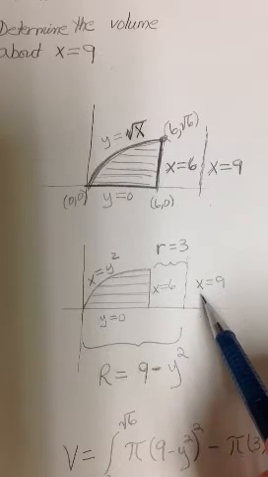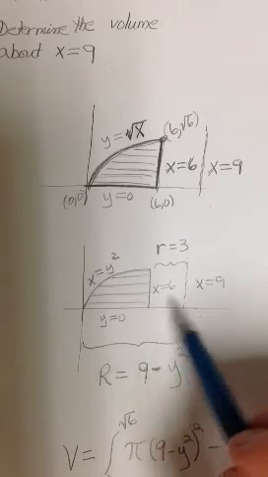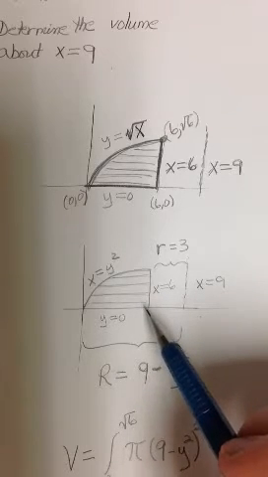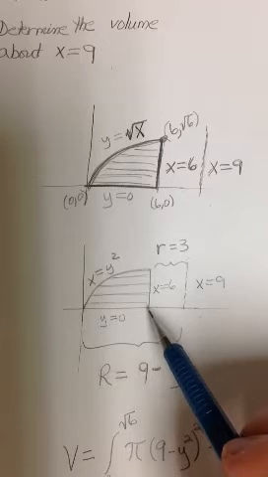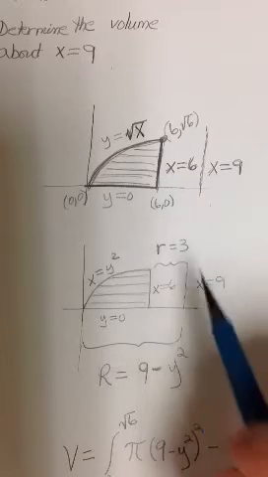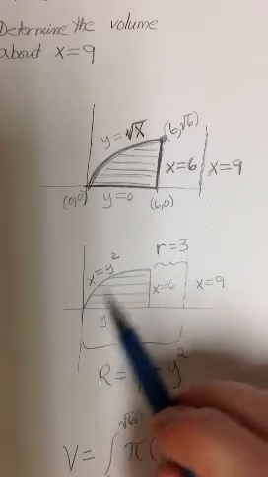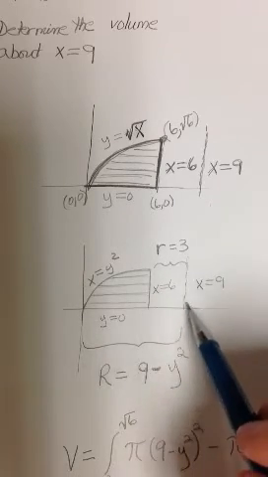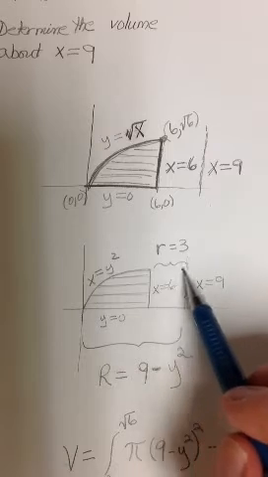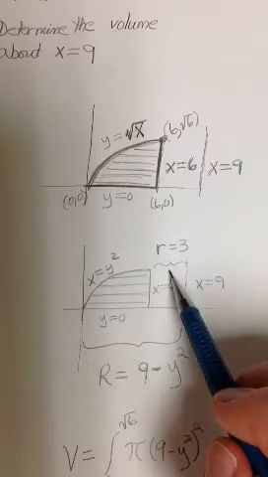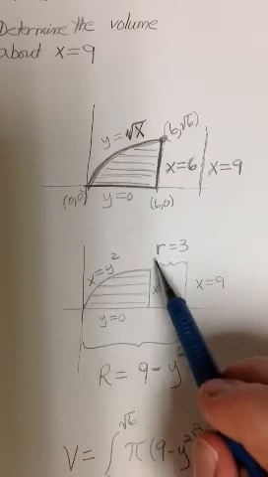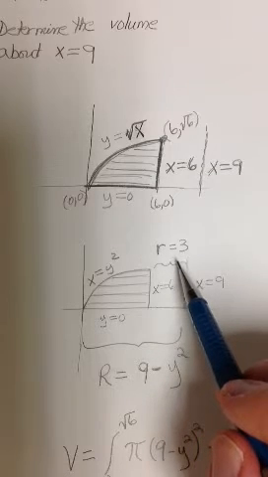And for what we have in the setup, we're going to have an open space, so we are relegated to using the method of washers. For the open space that exists between the wedge and the boundary x equal to 9, you have a gap here. The open space is going to be the inside radius, and that is going to be equal to 3.